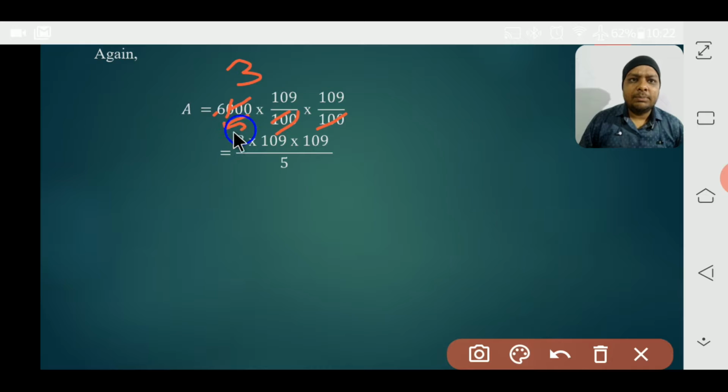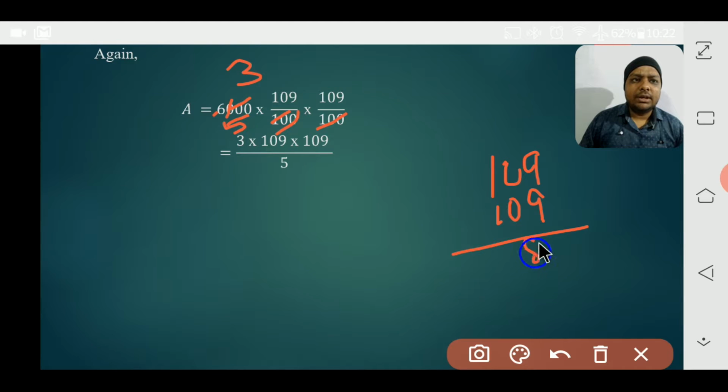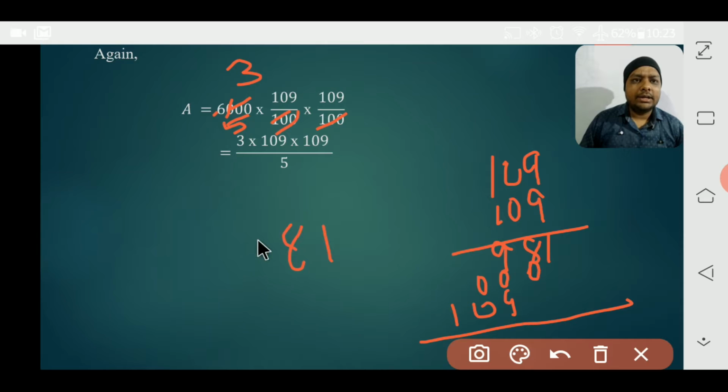Now multiply 3 into 109 into 109. At first, we will multiply 109 with 109. 9 nines are 81, 9 ones are 9, then 0 0 0, then again 109, one times 109. Now let's add, and then multiply into 3.